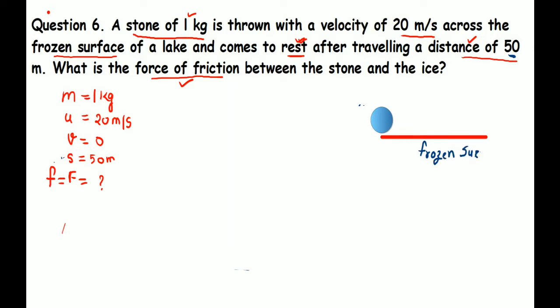A frozen surface can be compared to a ground or leveled surface. Now as we apply force on this stone, or as we throw this stone, it travels 50 meter distance, and after travelling this distance it comes to rest. Why did it come to rest?